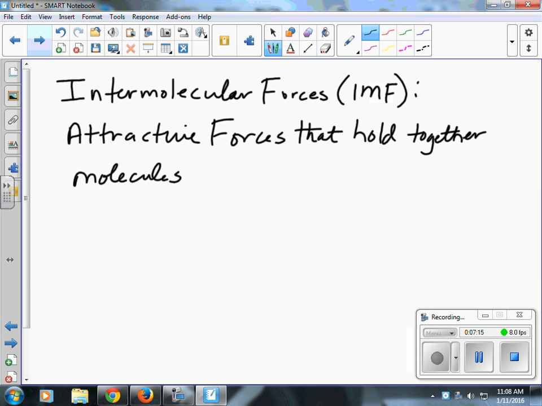What semester of chemistry are you in? Second. I didn't think about that one. So, since there's no chemical bonds between noble gas atoms, what holds them together? Intermolecular forces. So intermolecular forces hold together molecules and noble gas atoms.